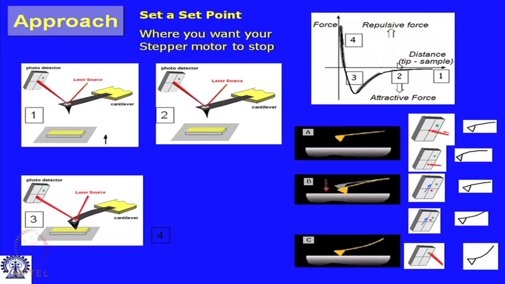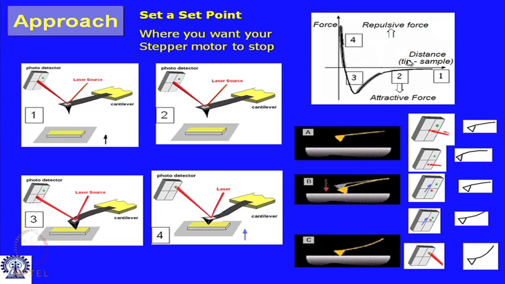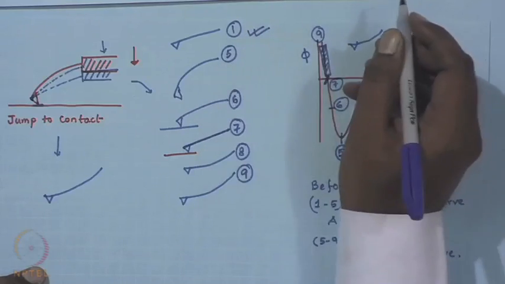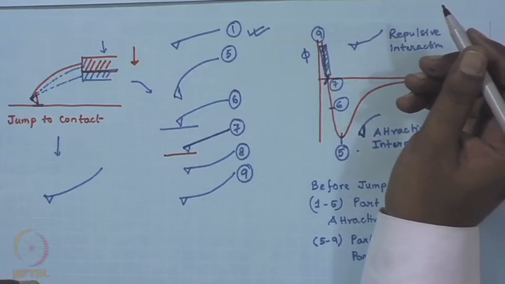That is fine. So, if you now look at these cartoons over here, it will probably make sense. This position corresponds to our location 1, which we manually drew, where there is no deflection.